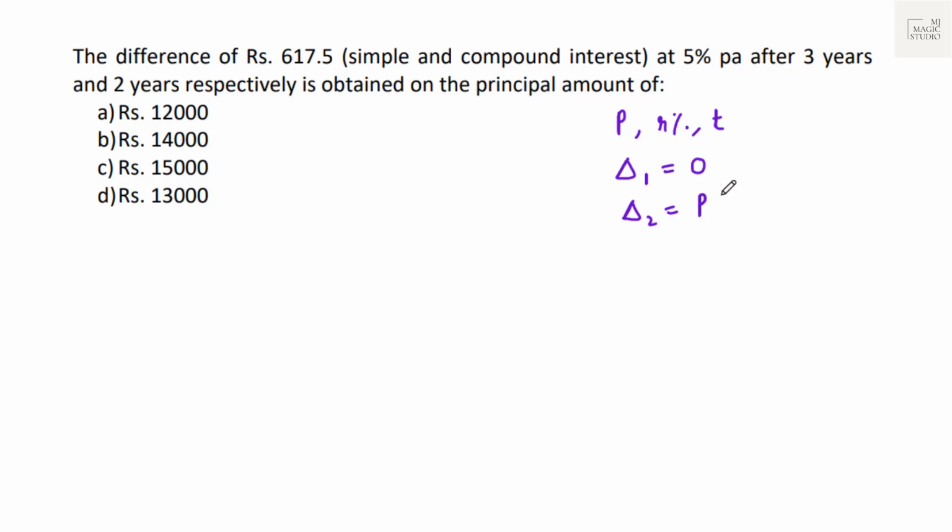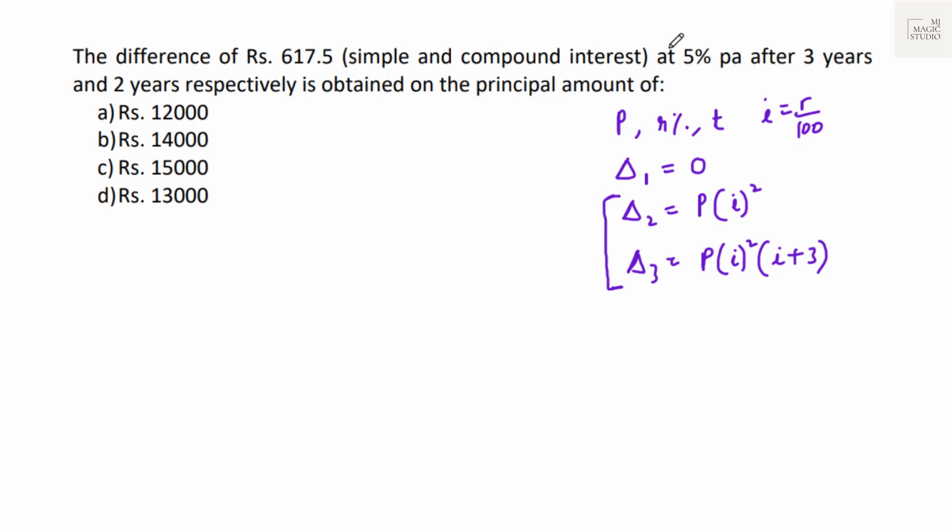If invested for 2 years, the difference is P into I square, where I is equal to R by 100. And if invested for 3 years, the difference is P into I square into I plus 3. Normally, differences for 2 years and 3 years are asked.